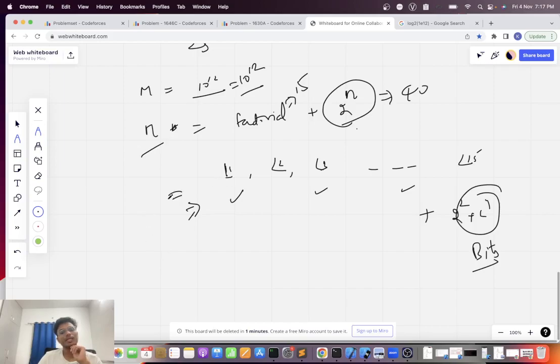In this case, the number of these values is very small, that is 15. If I consider all the scenarios of how many ways I can take them, that is 2 to the power n, that is 2 to the power 15. That is okay.